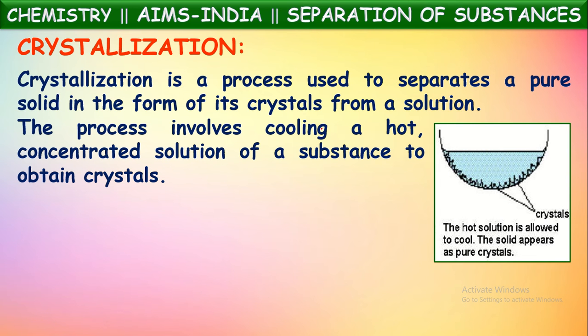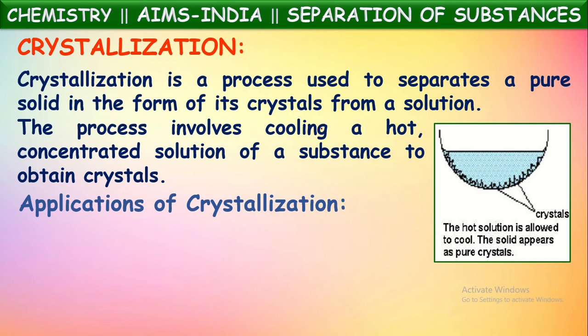The process involves cooling a hot concentrated solution of a substance to obtain crystals of the solid dissolved in it. So they take the concentrated solution of that solid in the hot condition. Then it is slowly cooled. By cooling, the dissolved solid substance will be crystallized, meaning it converts into solid form. Those solid crystals can be separated by cooling.